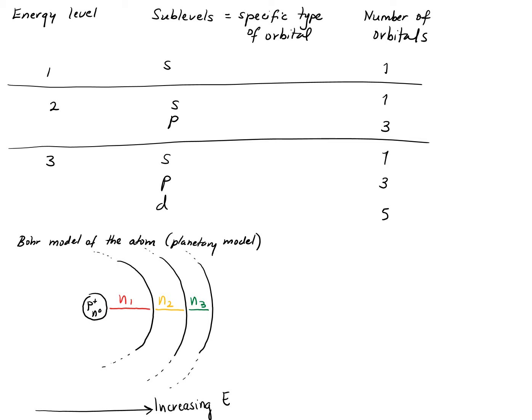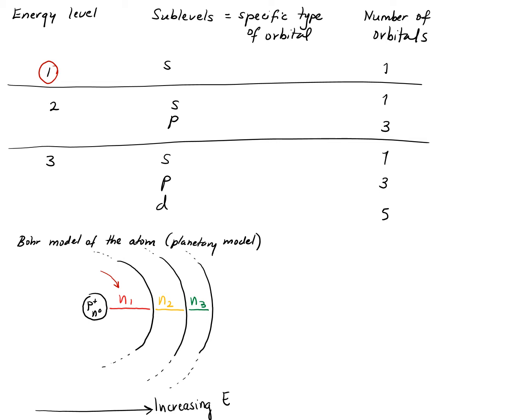So I have my first energy level right here, which is the one that I have in my diagram, the one that is closer to the nucleus. In that first energy level, we have one type of orbital.